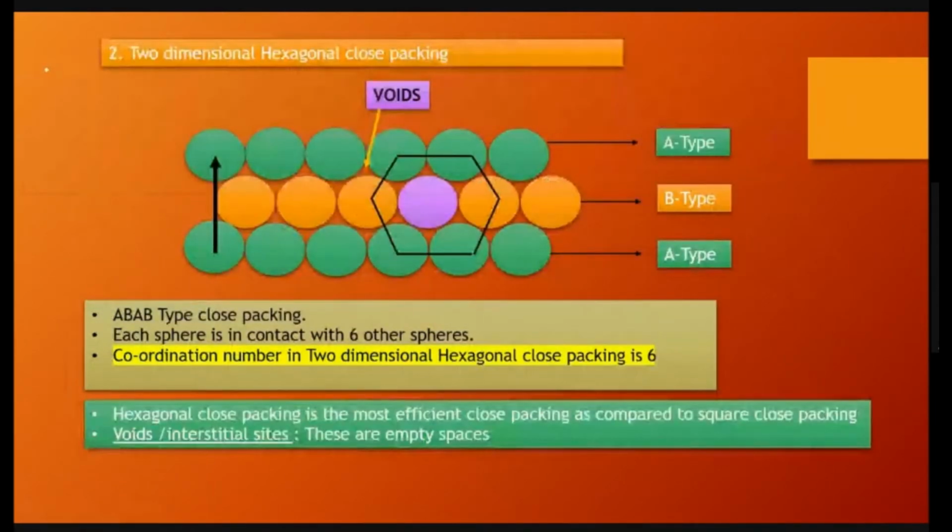Coming to the second type, we have 2-dimensional hexagonal close packing. Similarly to the previous arrangement, I'll take the first layer. It is exactly like a 1-dimensional close packing, right? So I'll consider this as the first layer and this as the second layer.